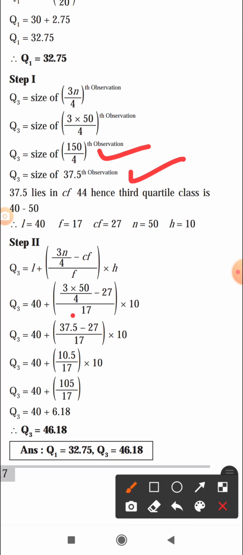Why 17? That is the frequency of the quartile class. Into 10.